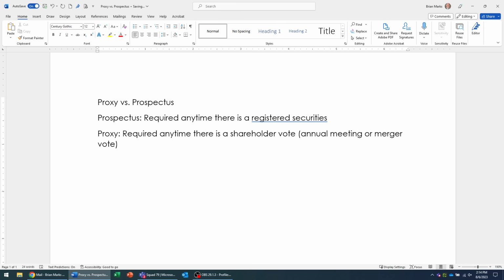So let's start with registering securities. This would only have a prospectus, not a proxy. So when registering securities, on, for example, an S1, the S1 is filed with the SEC.